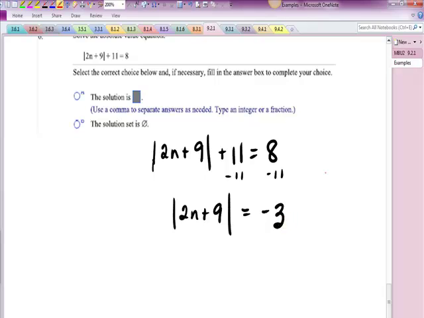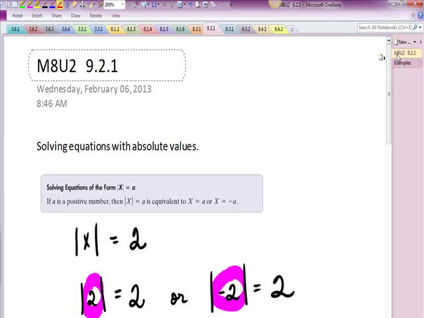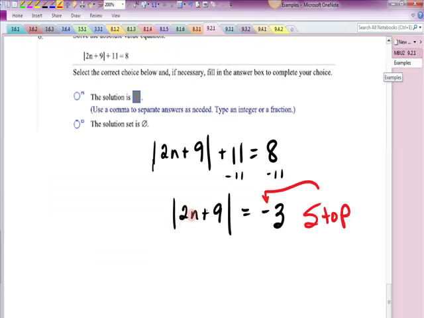Now, I'm going to stop because the statement that I had at the very beginning says if a is a positive number. The absolute value of x cannot equal a negative. It just can't. So, since I've isolated the absolute value and it's equal to a negative, this is an impossible situation. There is no solution.